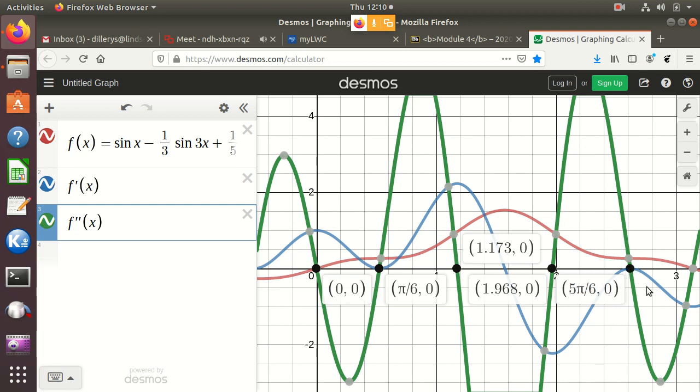Now, there's a 5 pi over 6, and there's a pi and 0.